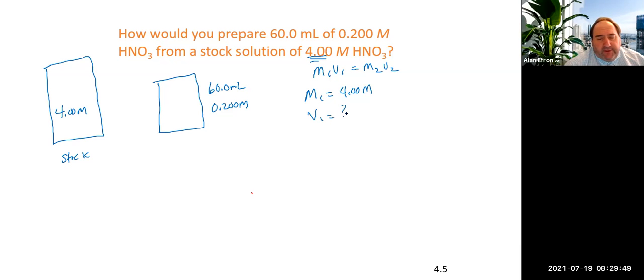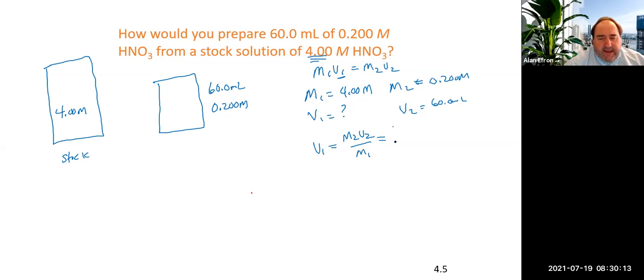V1, we're not sure. We do know we want to end up with a concentration of 0.2 molar and a volume of 60 milliliters. So we would be solving for V1, and V1 would equal M2 V2 over M1.